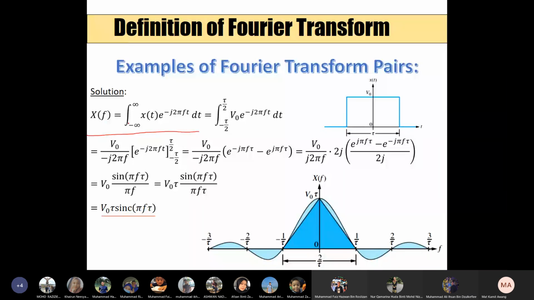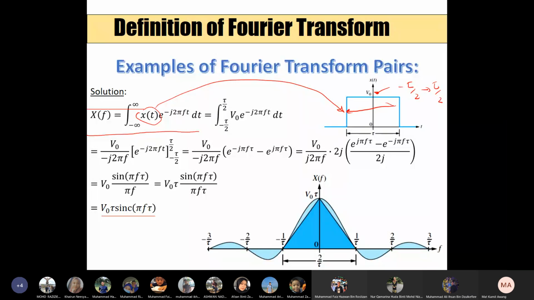So X of f is equal to integration from minus infinity to infinity x of t e to the minus j 2 pi f t. So what is x of t? X of t is actually this curve. And this curve was given by V naught from minus tau over 2 to tau over 2.